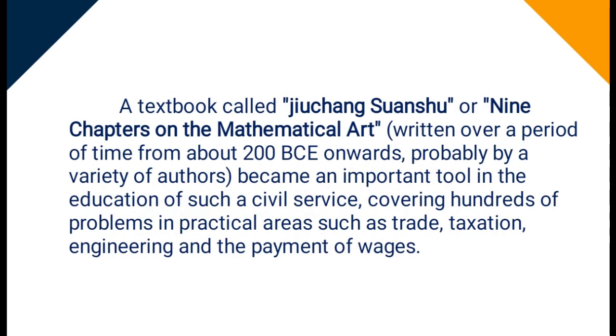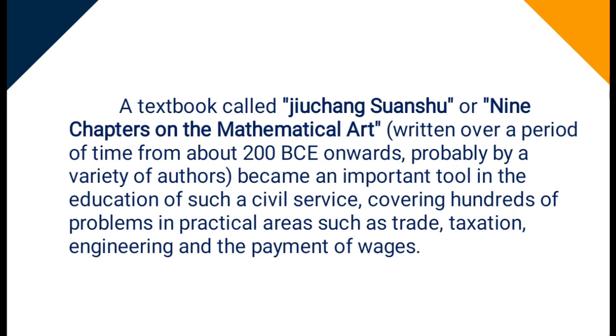A textbook called Jiuzhang Suanshu, or Nine Chapters on the Mathematical Art, written over a period of time from about 200 BCE onwards, probably by a variety of authors, became an important tool in the education of the civil service, covering hundreds of problems in practical areas such as trade, taxation, engineering, and the payment of wages.